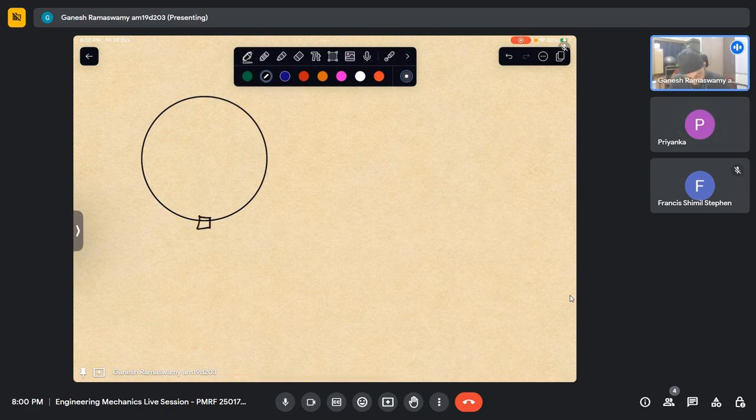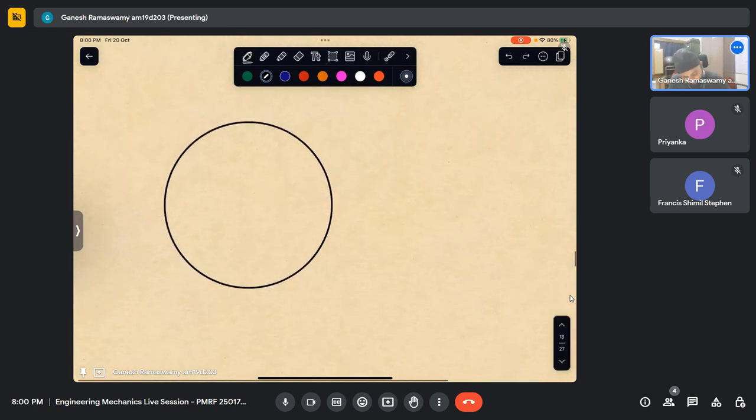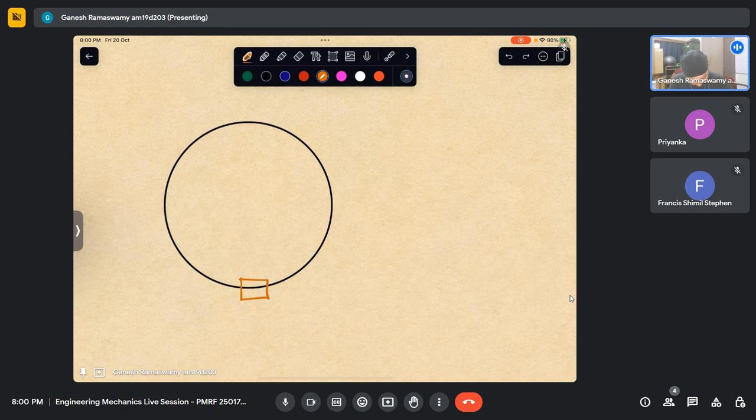So in that case, okay, so this was the question. Let us say this was the object. Now when you sit on that loop and rotate with it, what you are observing is that it is having an acceleration like that.